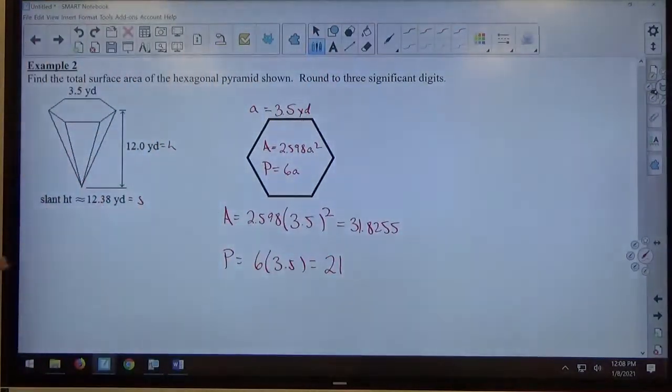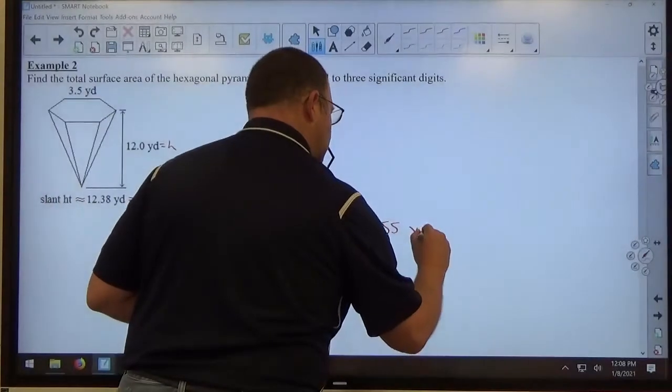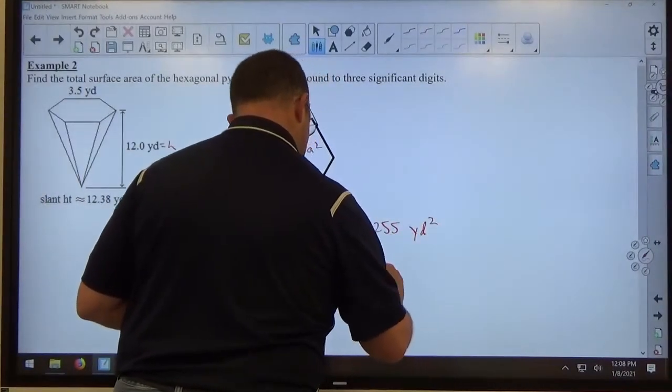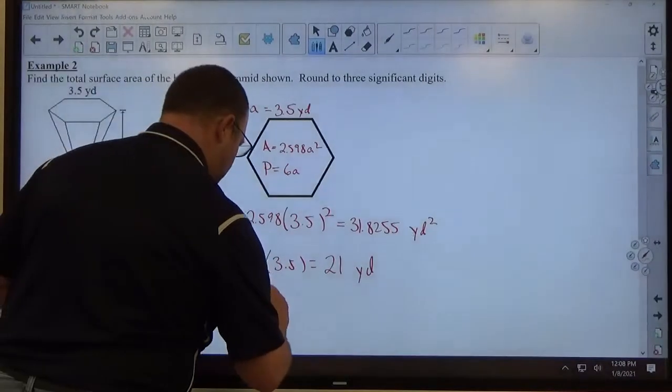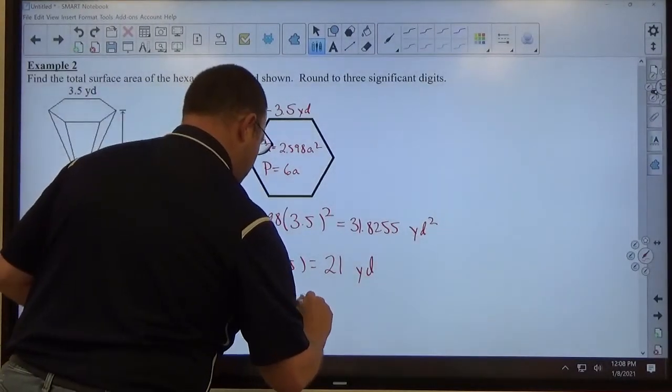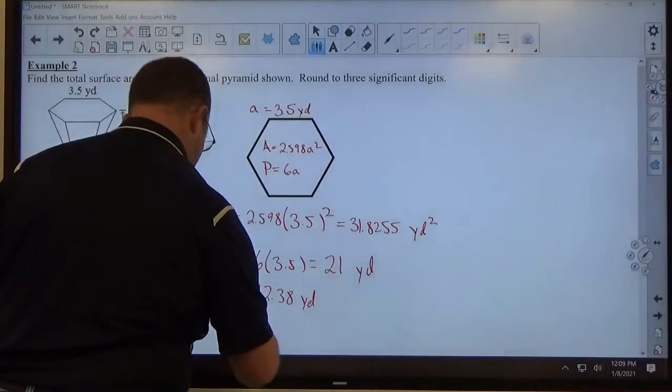So my first priority on these problems is find all this stuff. So I know what the area is, I know what the perimeter is. Area is going to be in square yards. Perimeter is going to be in yards. The slant height is given as 12.38 yards. And the altitude is given, which is 12.0 feet.